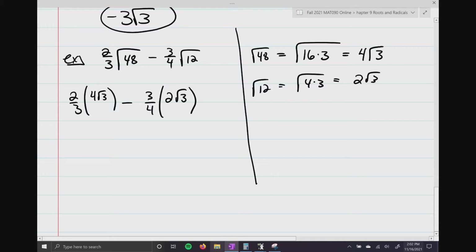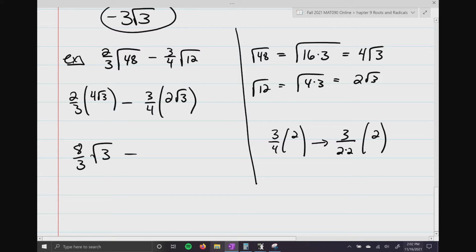So it's going to be 8/3 square root of 3 minus. Now, the 3/4 times 2, if I come over to the right-hand side, we know 4 can be rewritten as 2 times 2. So I can reduce one of the 2's. So this is going to be 3/2 square root of 3.